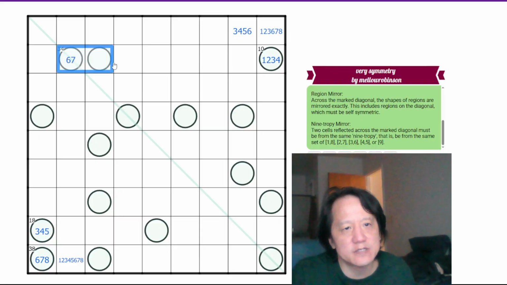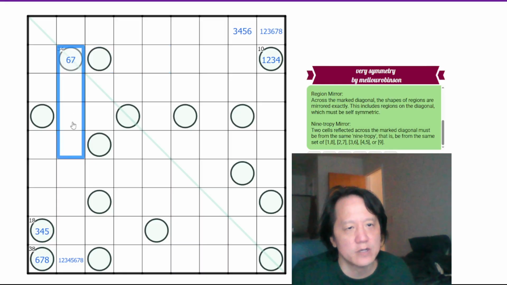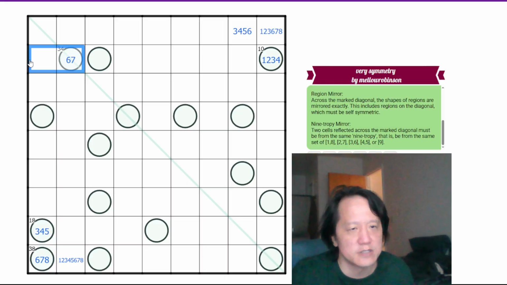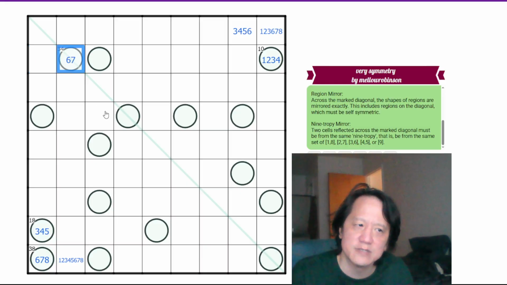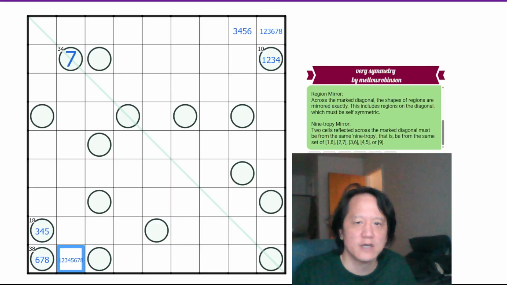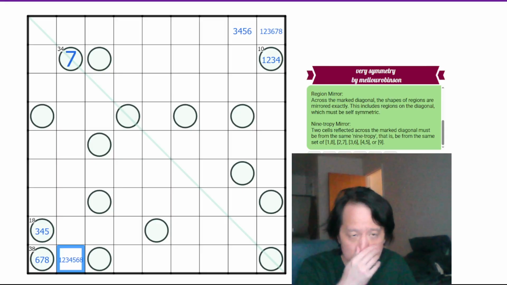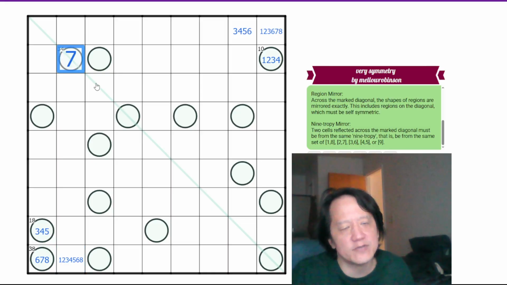Because it must see the same cells going this way as it does this way, and it must see the same cells going this way as it does this way. So doesn't that mean it has to be 7? Yeah, I think that means this has to be 7, which means this cannot be 7 here. So this sees 7 cells.